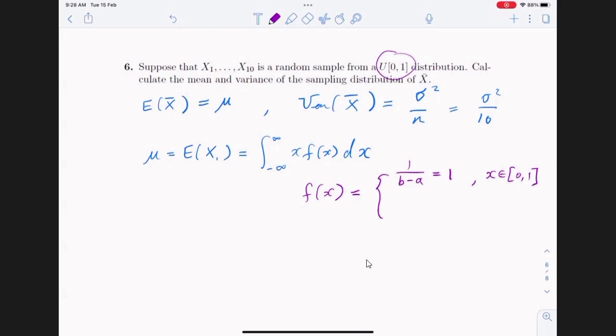We are drawing a number uniformly from 0 to 1, so it is always lying within 0 to 1. Outside the range, the probability density function is 0.